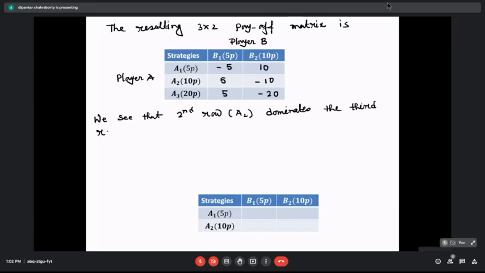Why does it dominate the third row? Because you can say that A2 is greater than or equal to A3. That means which row will be deleted? Hence A3 is deleted.